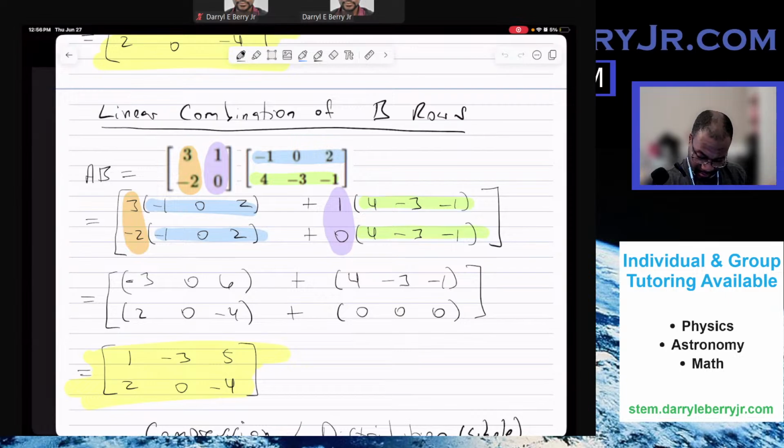Add 3 times the first row and add it to my 1 times the next row. Must have just copied some numbers down incorrectly.